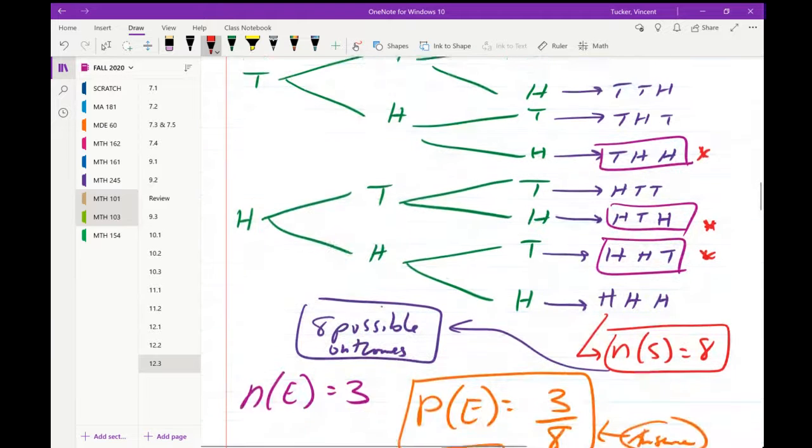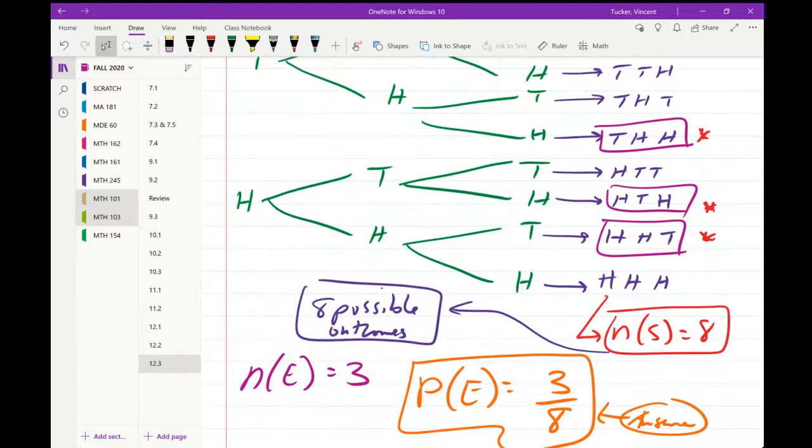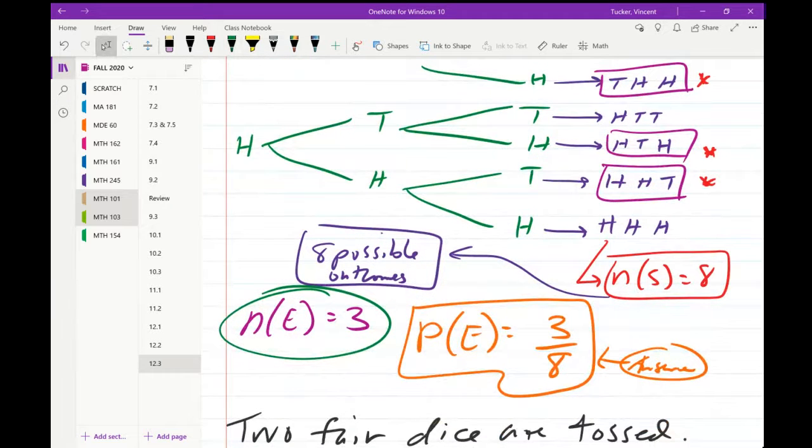So since we have 3 outcomes that produce the 2 heads and 1 tail, the number of our event is 3. And then place the 3 over 8, and that'll be our answer. That's our probability.